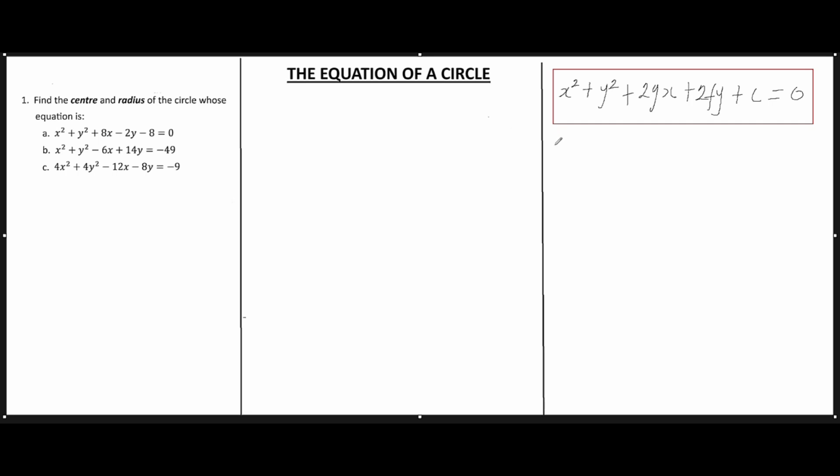We also saw that the center of the circle will always be given by minus g, minus f, where minus g will be the x coordinate of the center, and then minus f will be the y coordinate of the center.